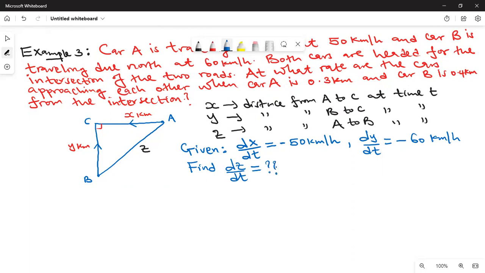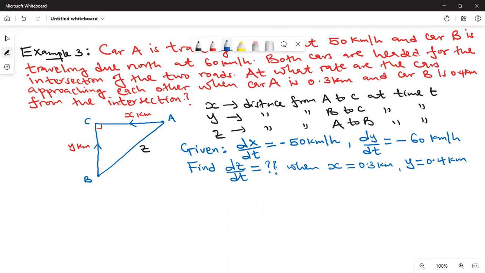When x, the distance from A to C, is 0.3 kilometer, and y is equal to 0.4 kilometer. So that is step 1.